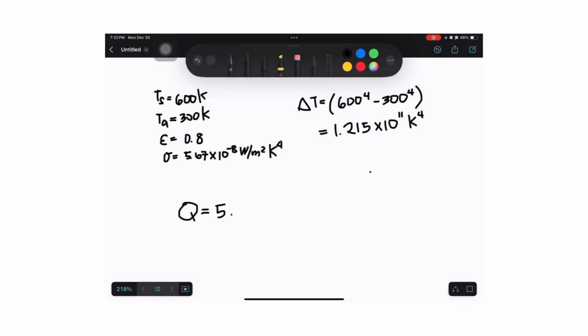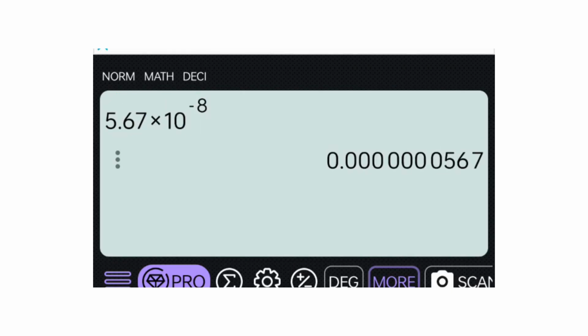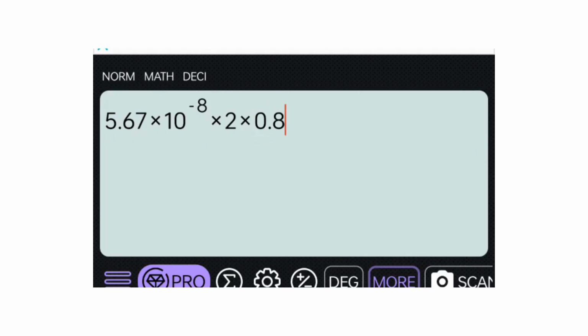Q is equal to 5.67 times 10 to the power of negative 8 multiplied by 2 multiplied by 0.8 multiplied by 1.215 times 10 to the power of 11, which gives us 11,022 watts.